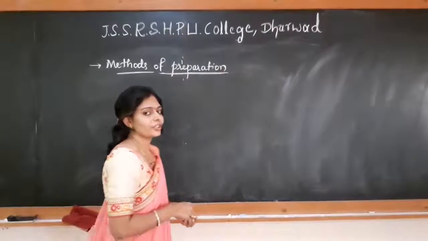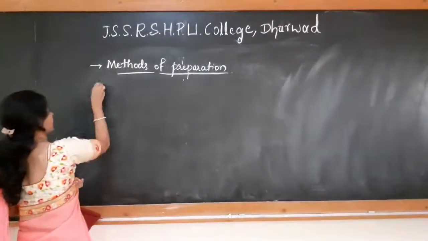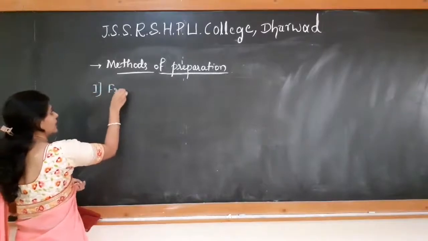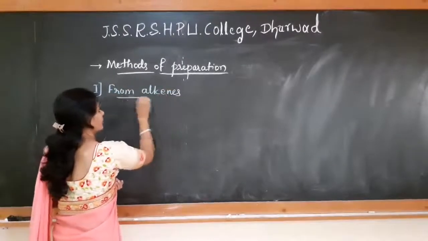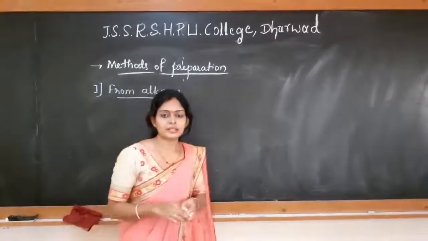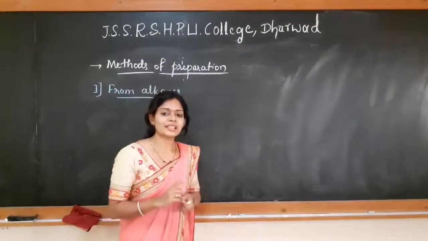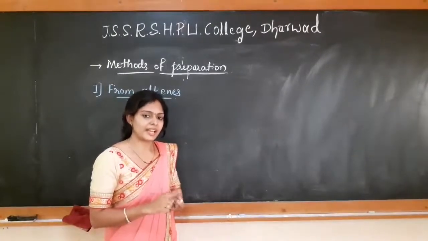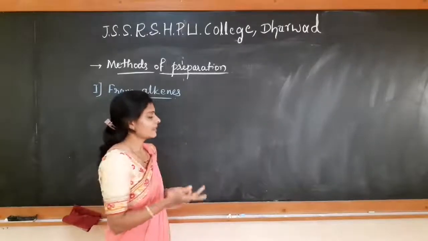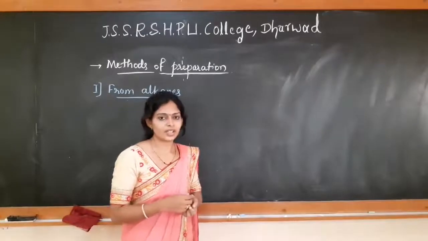The first method of preparation of alcohols is from alkenes. There are two methods by which from alkenes we get alcohols. One is the acid catalyzed hydration, that is addition of water in presence of acid which acts as a catalyst, and the second one is the hydroboration oxidation reaction. These two reactions are there for your syllabus.